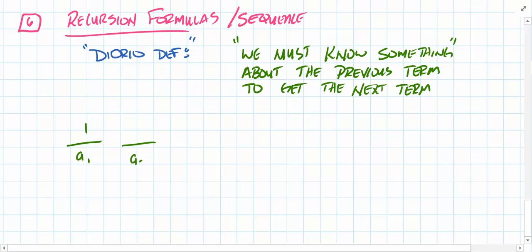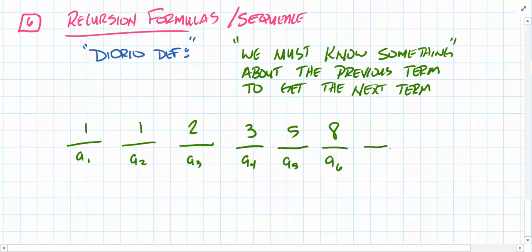The second term is also a 1. The third term is a 2. The fourth term is a 3. The fifth term is a 5. What is the 6th term of this very famous sequence? It's an 8. Very good. What's the 7th term? What are you doing? Adding the 2 before together.